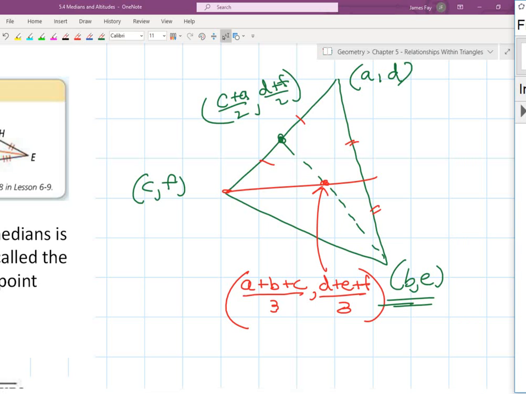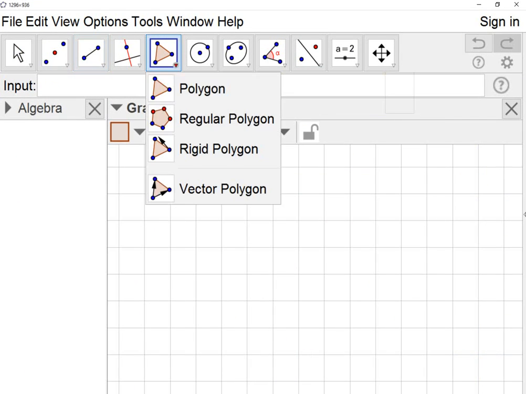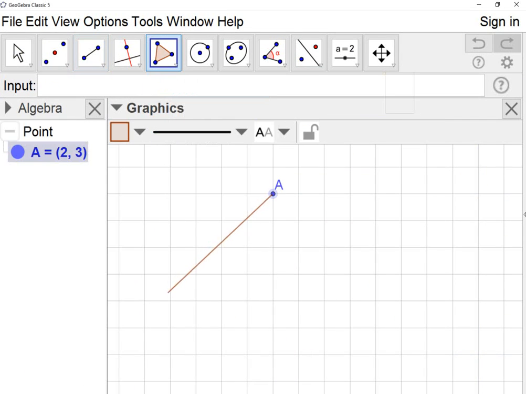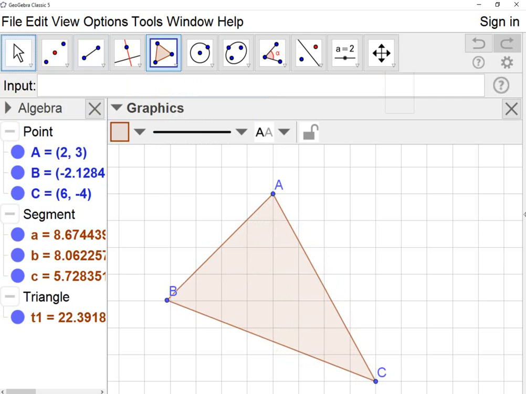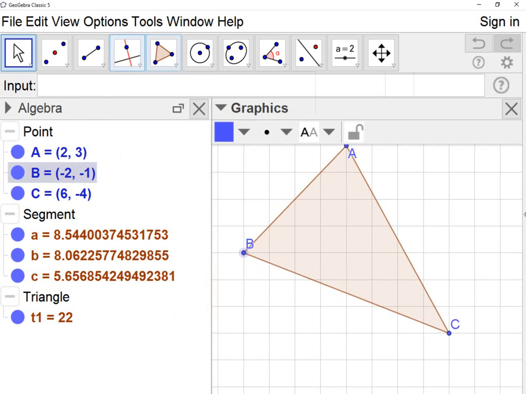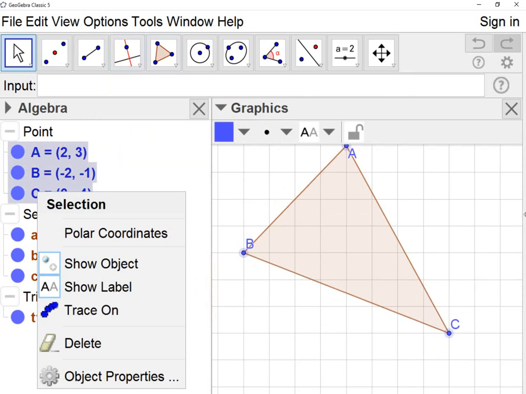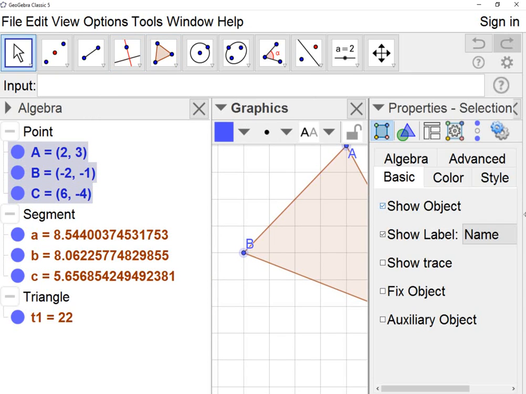If I give you that triangle, put the points in here, name and value, okay.